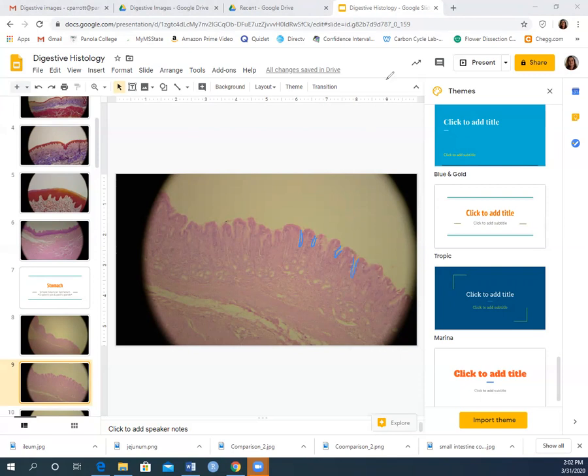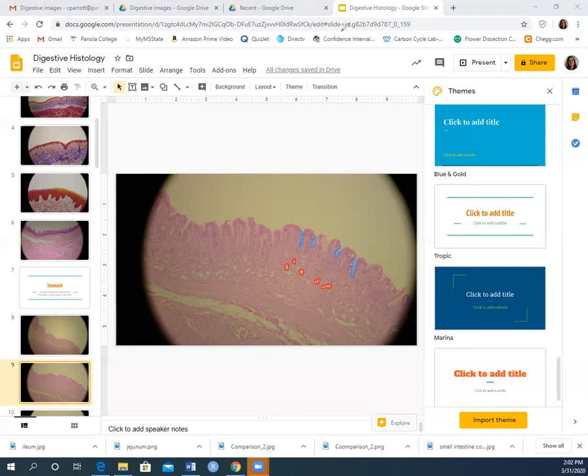And then down here, you'll see these little gastric glands. Those are the two things you're looking for when you're looking at the stomach: the gastric pits that you can see there in the blue, and then the gastric glands, which are further down, and I've circled those in red.